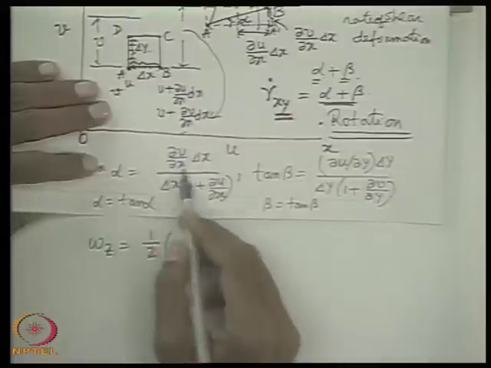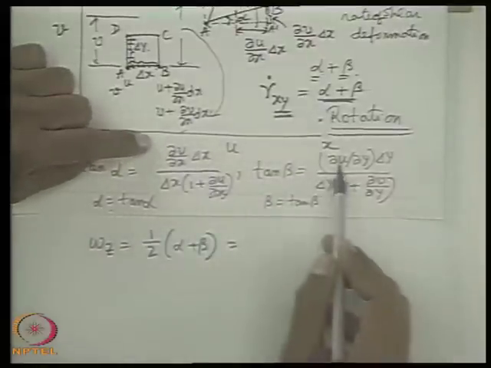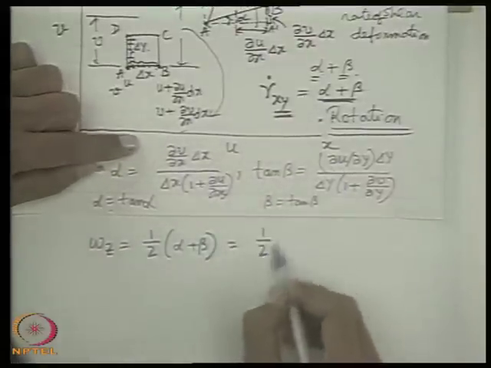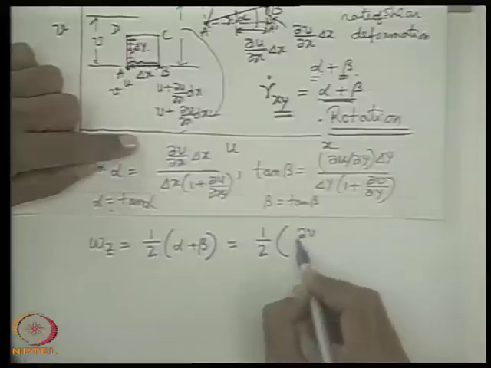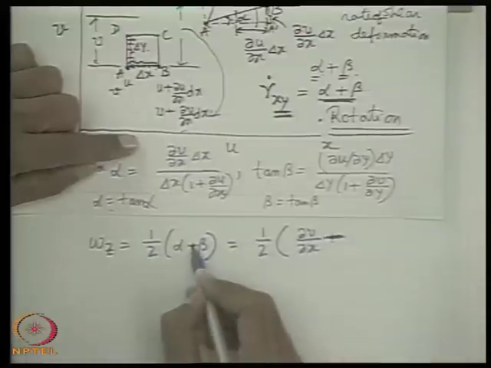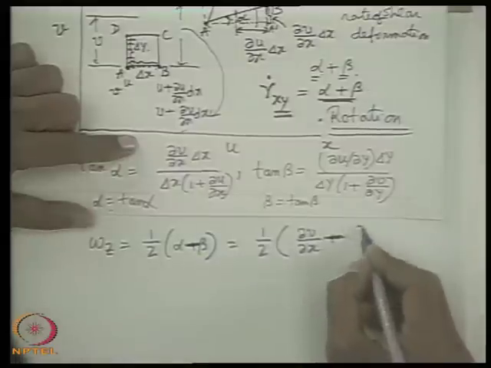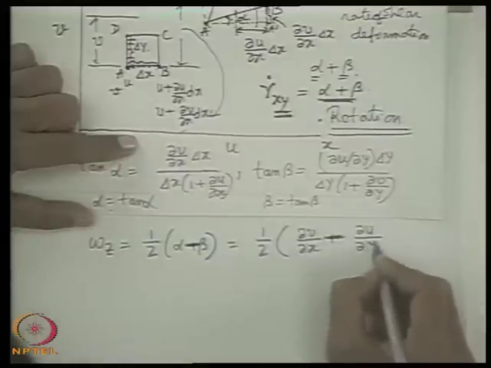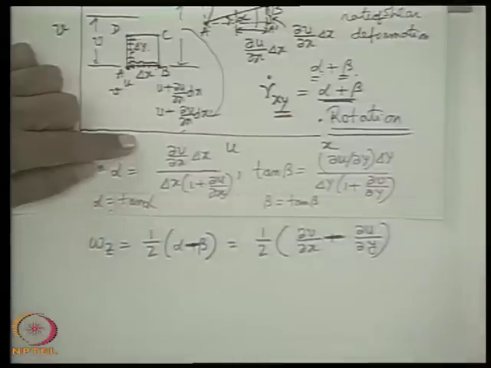If you write this half of alpha plus beta, that means alpha is this plus this, which becomes equal to, as I did, half del v del x plus, sorry, minus, because beta is minus. So, I write half of del v del x minus del u del y.